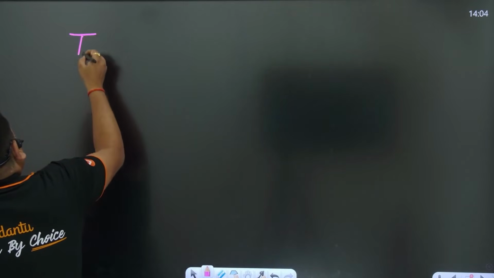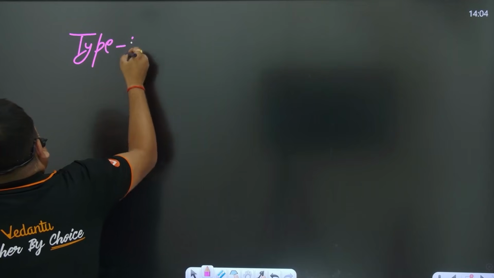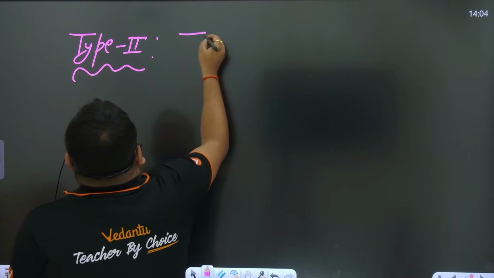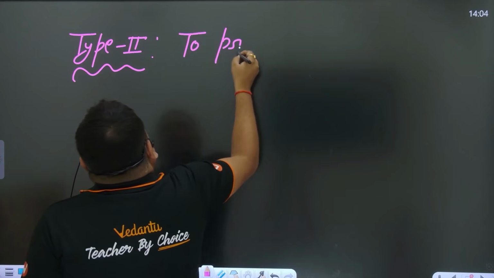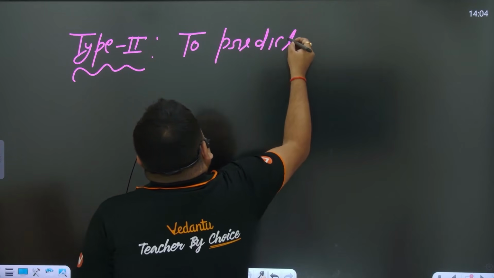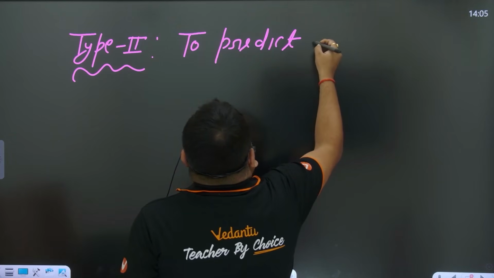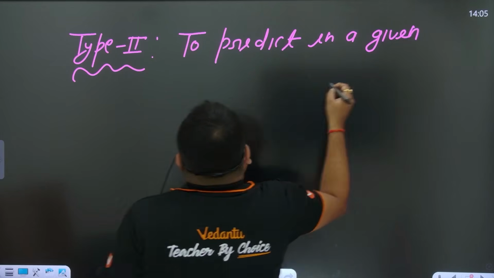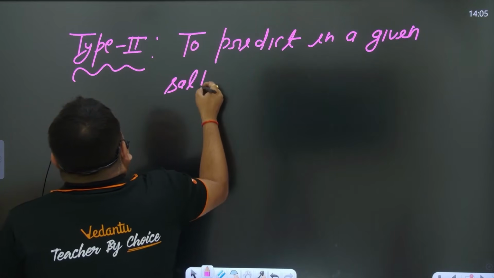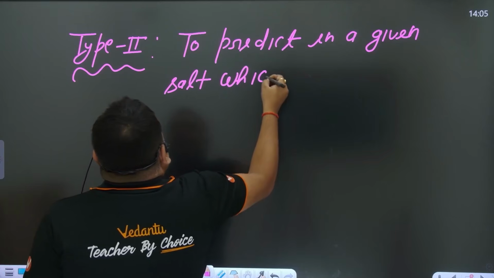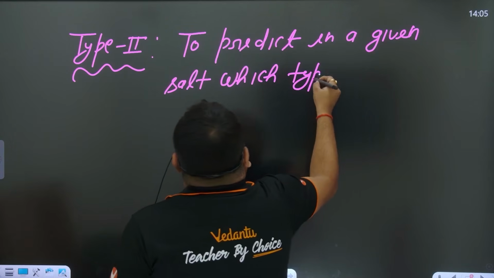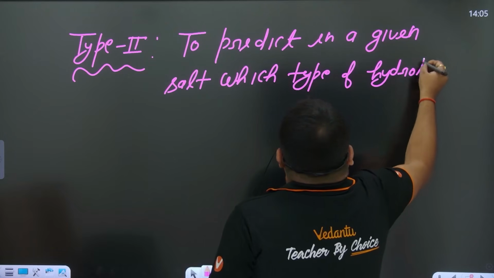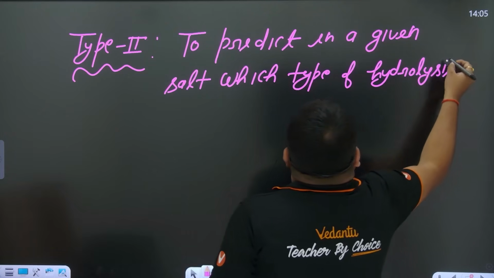In the type 2 question, they ask to predict, in a given salt, which type of hydrolysis is taking place.